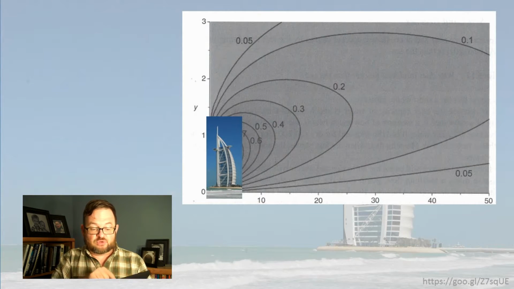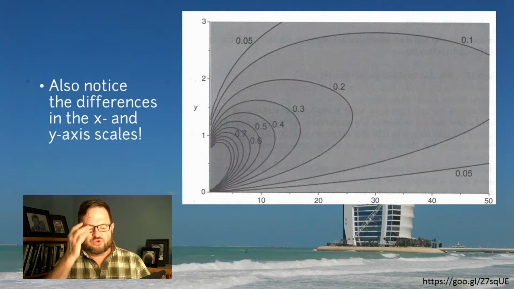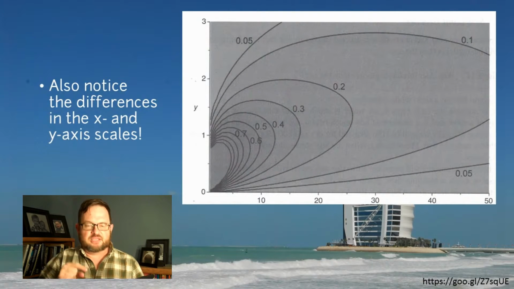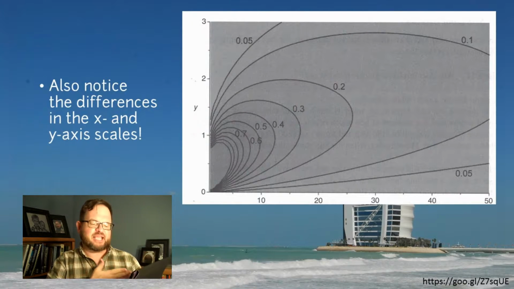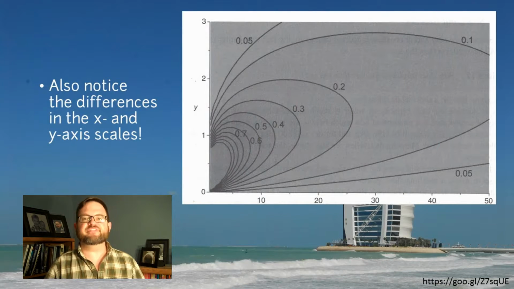And our building is at the origin of this diagram, and stuff is happening downwind. On this diagram, the wind is going from the left to the right, and we are watching something happening to the wind. It's important to also notice that the scales are radically different. The y-axis only goes from 0 to 3h, whereas the x-axis extends downwind up to 50h.